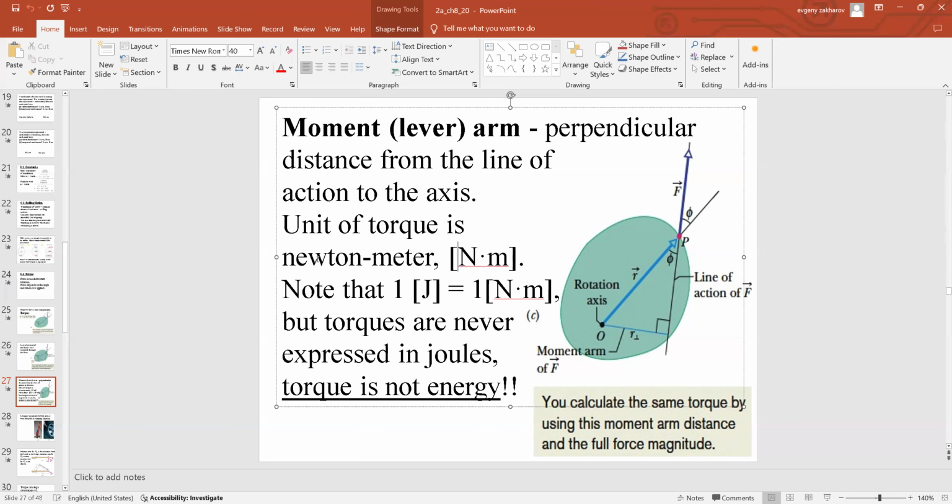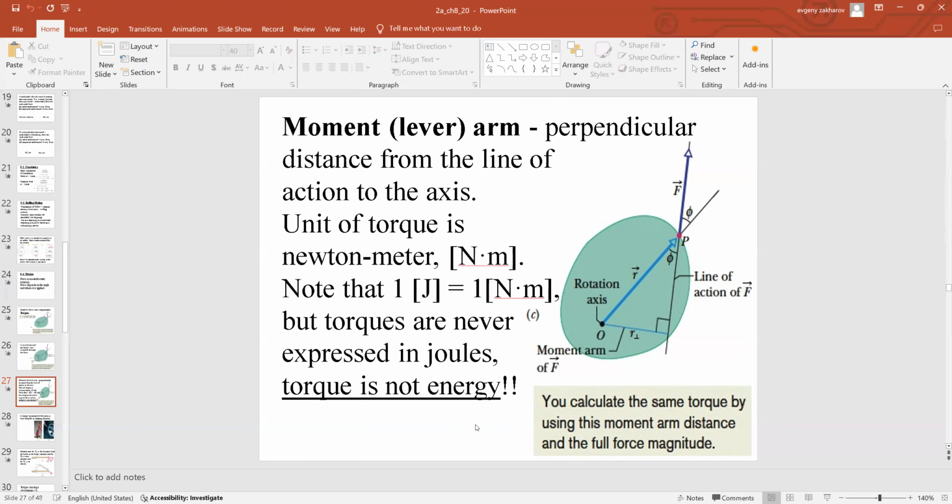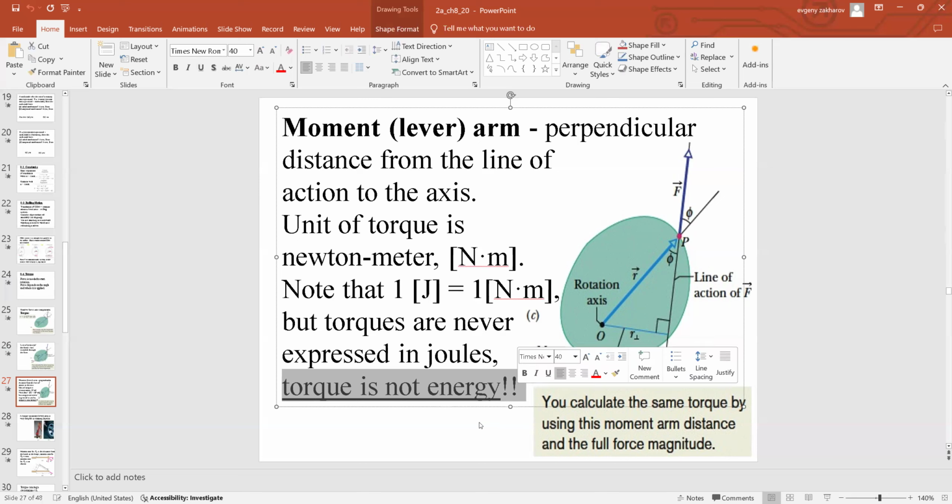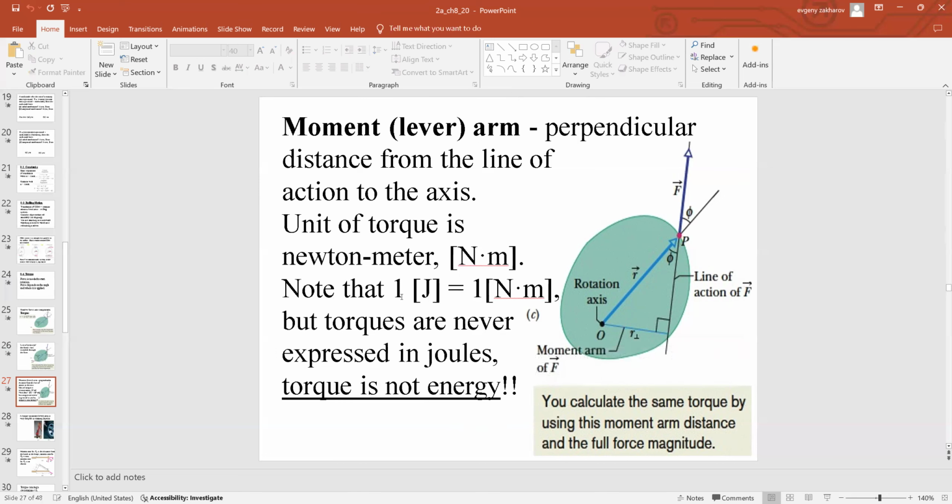So the unit of torque is Newton meter. Torque is not energy, even though the units are the same, but please do not say joules for torques, and do not say Newton meters for energy or work done. Newton meters are torques, and joules are work and energy.